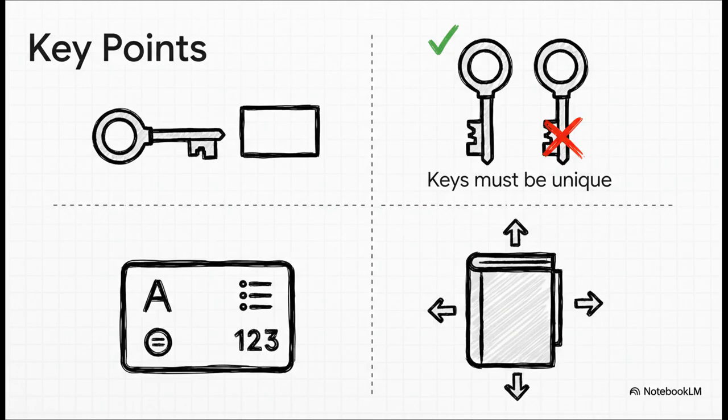Third, the values can be pretty much anything you can think of. Text, numbers, lists, hey, even other dictionaries. And finally, they are mutable, which is just a fancy way of saying you can change them. If they were immutable, it'd be like writing Ali's info in permanent ink. You could never update it. But because they are mutable, it's like writing in pencil. You can always go back and erase or add things as life changes.